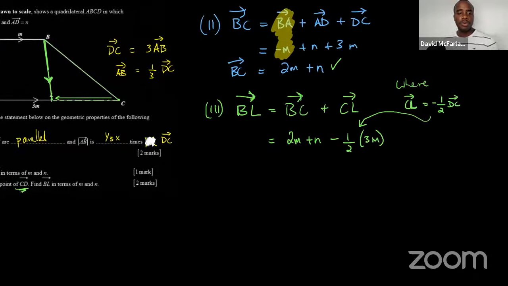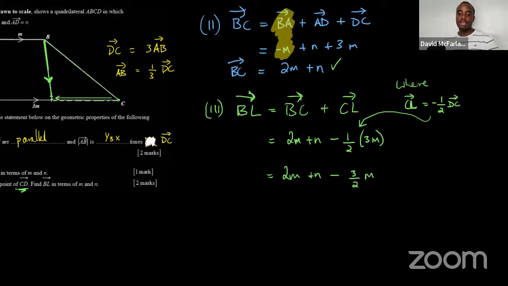Now, if we break this down, we can simplify this some more. So that's going to be 2m plus n minus a half of 3m. A half of 3 is 1.5, so we can say that's basically minus 1.5m. And now we can group like terms. I don't really want to write it as a decimal, I prefer writing it as a fraction. That's just me.